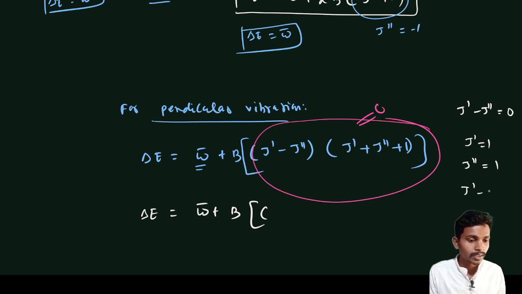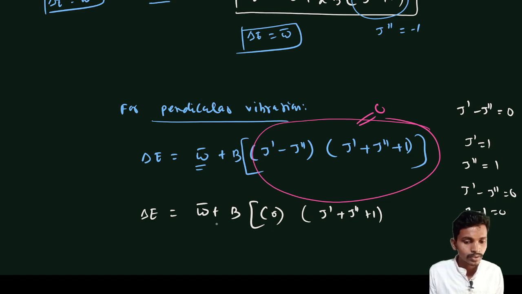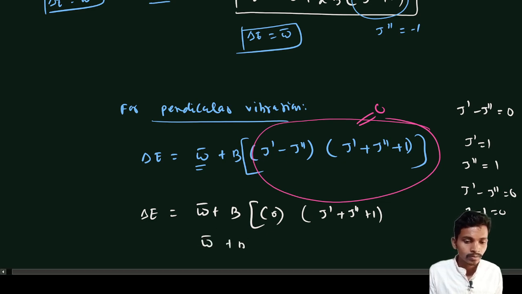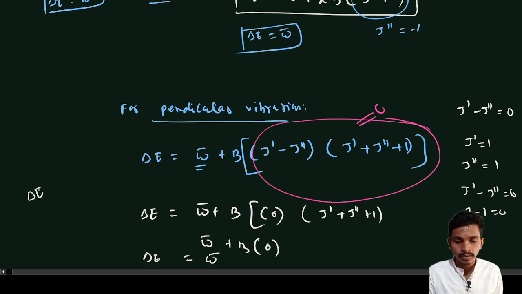Then J dash minus J double dash equal to 0, because 1 minus 1 equals 0. If this is 0, then the whole term is also 0, and that is delta E equal to omega.